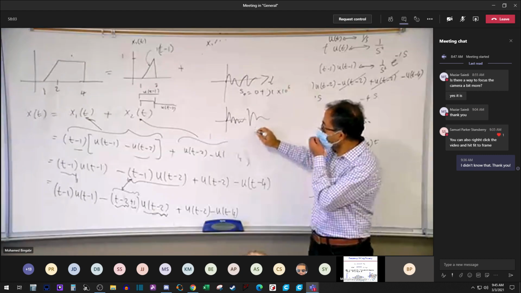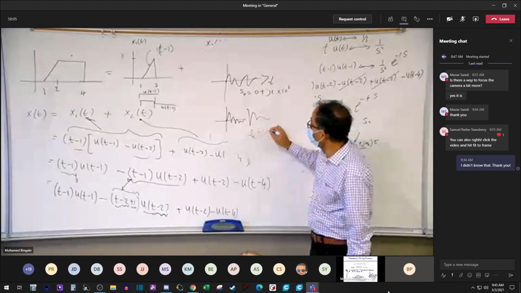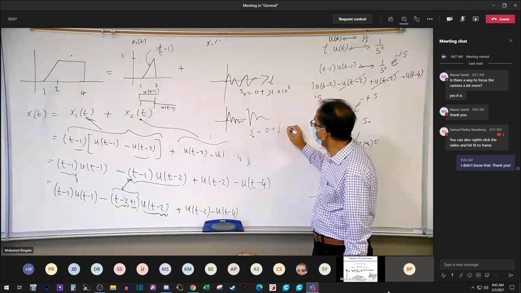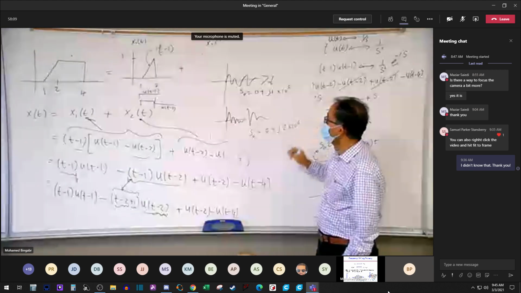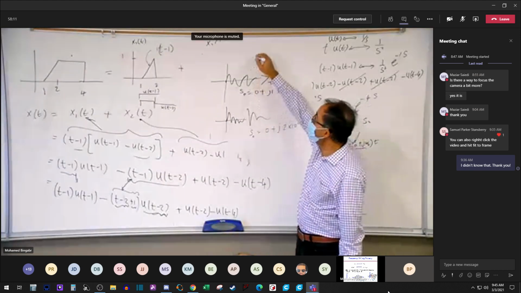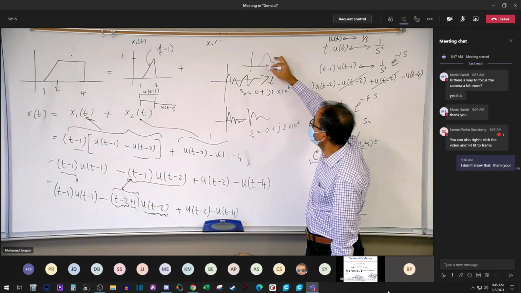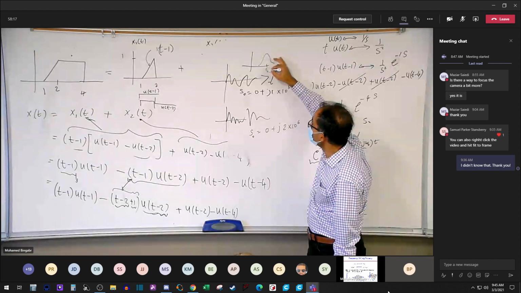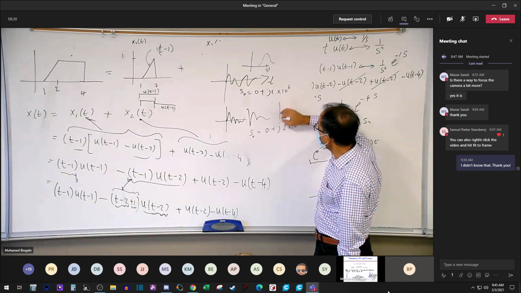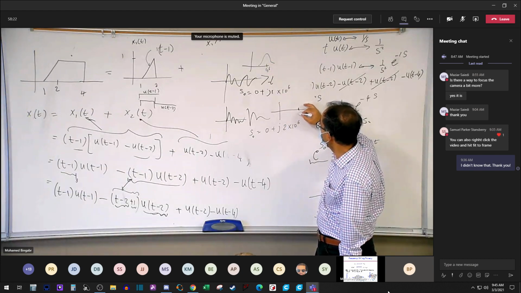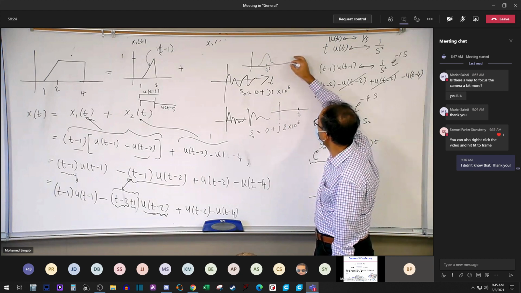And this one I multiply by s0 equal to 0 plus j 2 mega. So now the spectrum of this speaker will be somewhere like here. That's the spectrum. The spectrum of this one will be at 10 mega, so that it will be somewhere here.